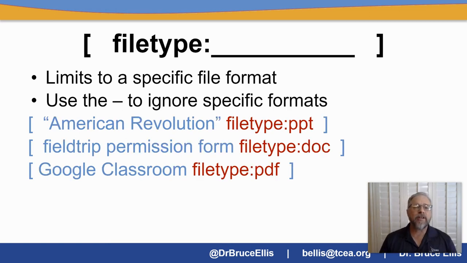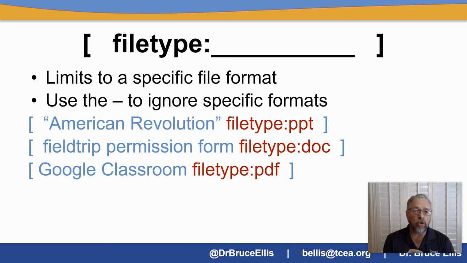All right, sometimes we're not interested in a particular site, but we're interested in a particular file type, especially if you find that you are now teaching a different content or a different way. Maybe you're not teaching face-to-face with your students. Now you're going like, ooh, I got to communicate this a different way with my students.